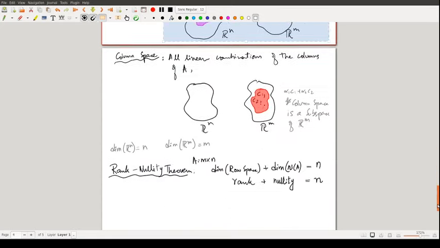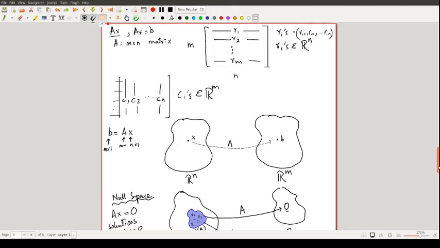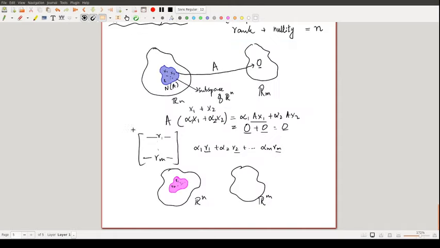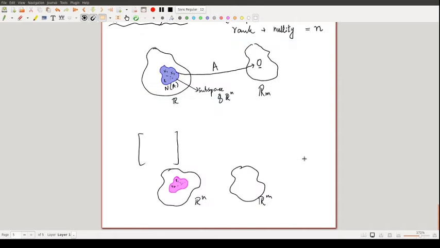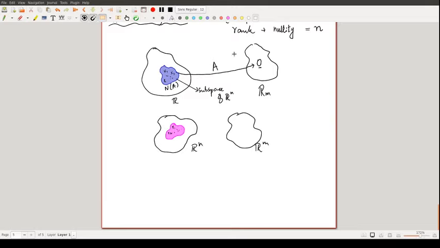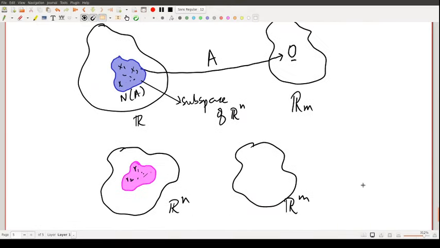Let's talk about the rank nullity theorem in terms of these pictures. The idea is, let me just get rid of this. If you have this null space and this row space, these were the two spaces that we were talking about.